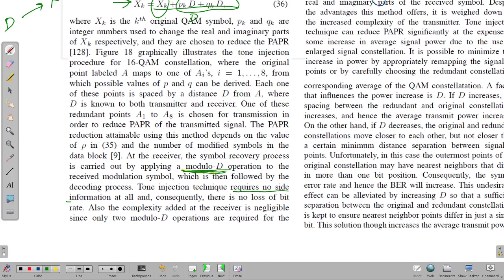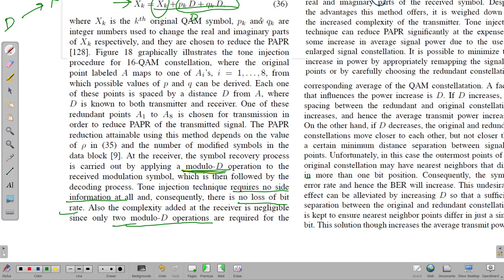It requires no side information, so there is no loss of bit rate. Also, the receiver only needs modulo D operations, only 2 modulo D operations.